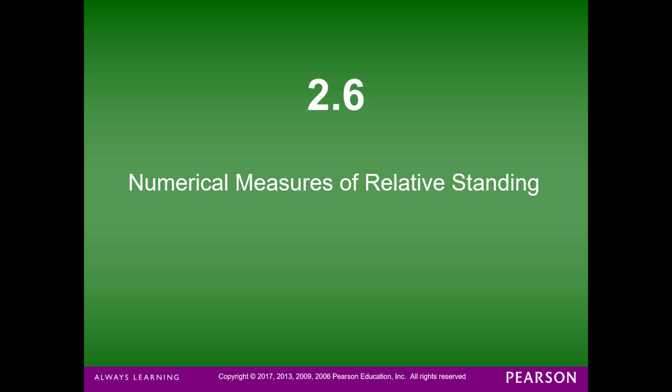In addition, we may be interested in describing the relative location of a particular measurement within a data set. Descriptive measures of the relationship of a measurement to the rest of the data are called measures of relative standing.